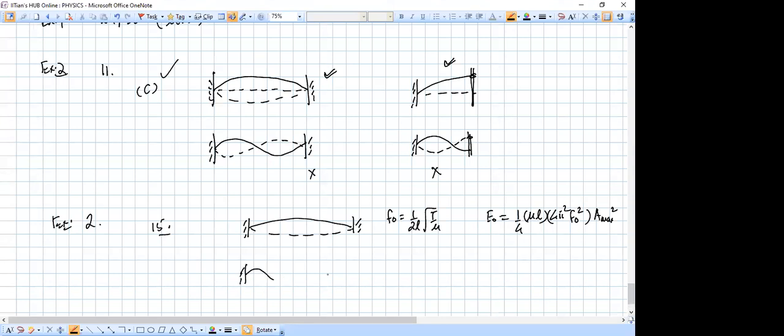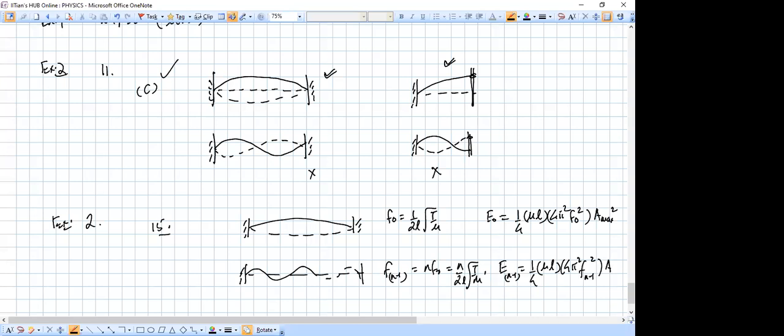So this is a case. The energy will become 1/4 mu L into 4 pi squared f_(n-1) squared into A max squared.